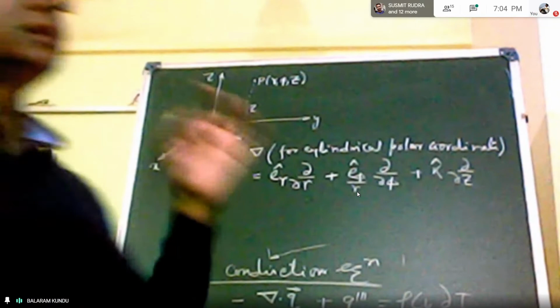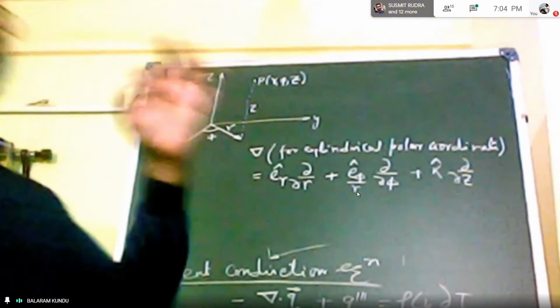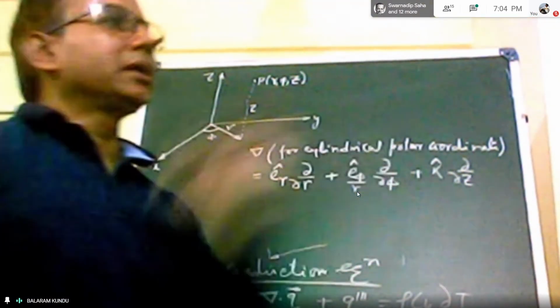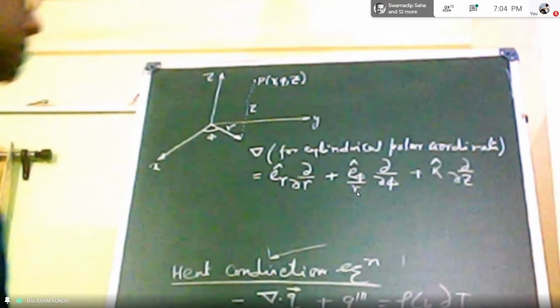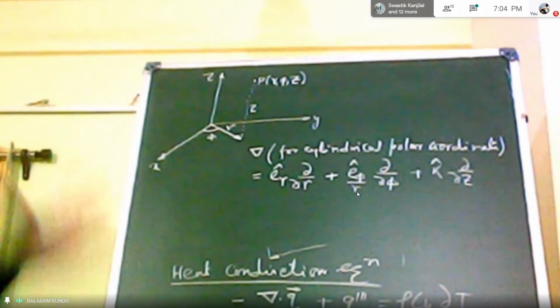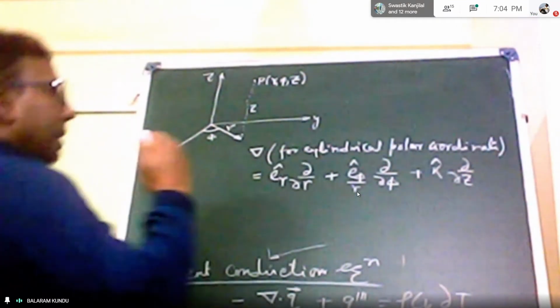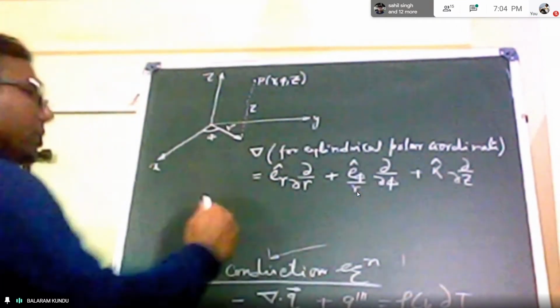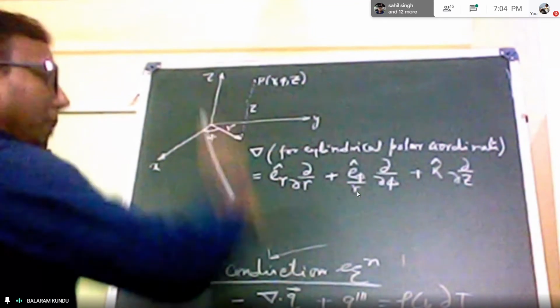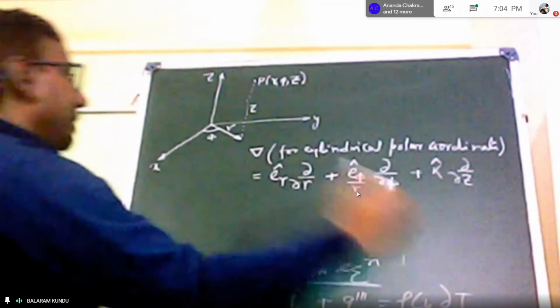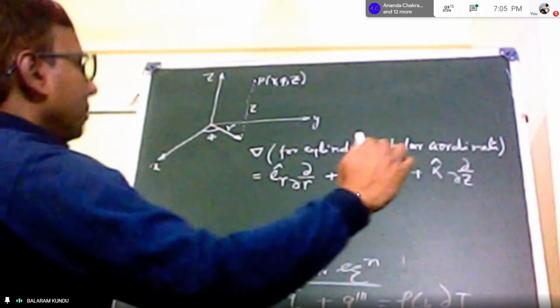So q is the heat flux, the heat flux in cylindrical polar coordinates. Again it has three components: r, phi, and z. The component of heat flux in the r direction, the component in the phi direction, and q_z, the component of heat flux in the z direction.